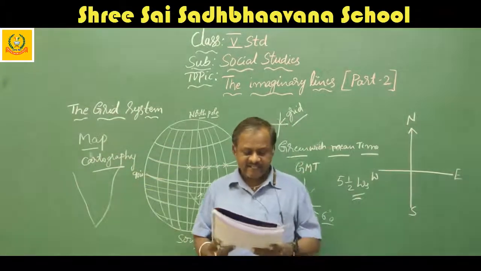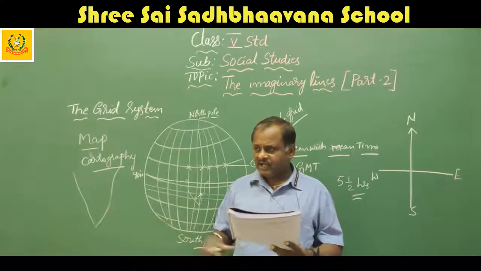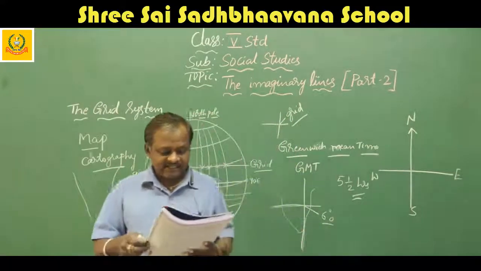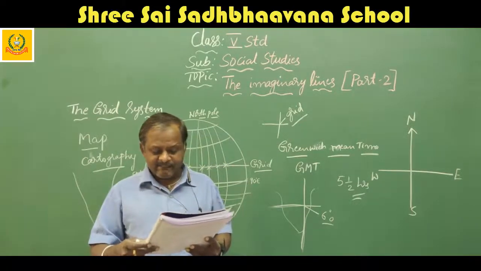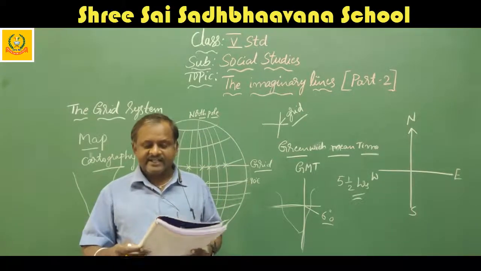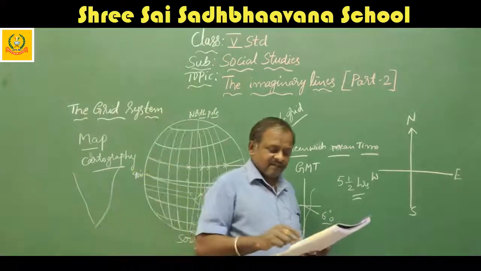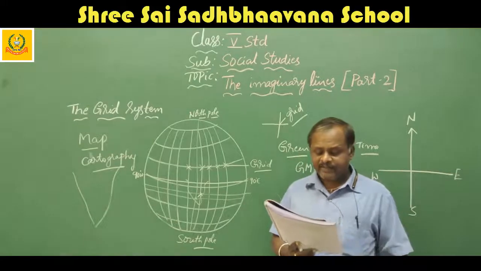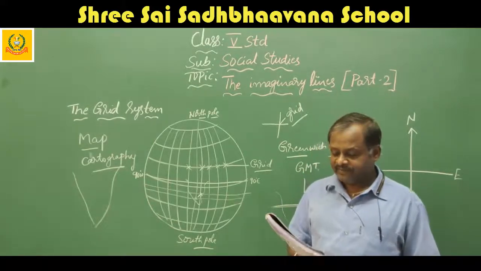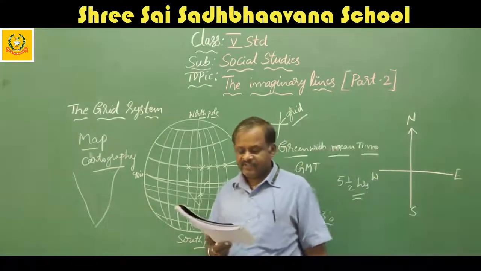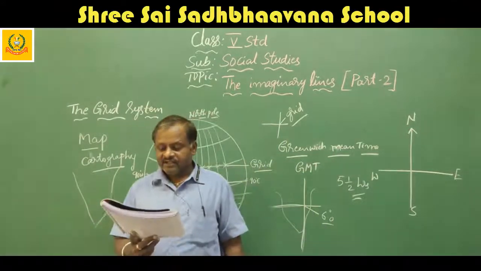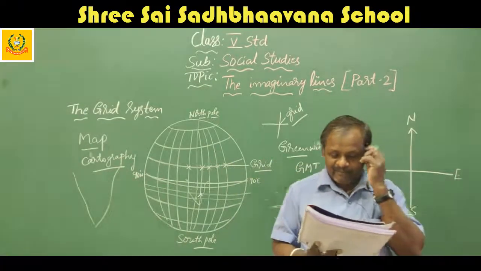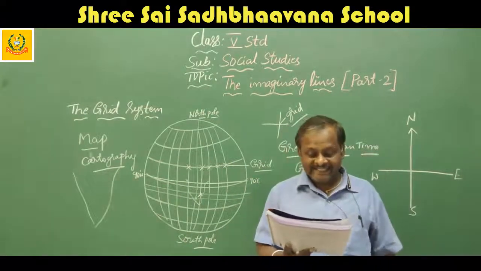There is a certain kind of language associated with maps. There are different symbols, colors, and signs to show different things in a map. We should be able to understand these.